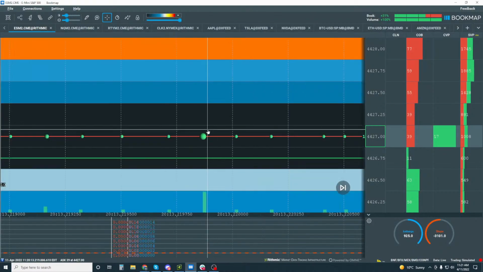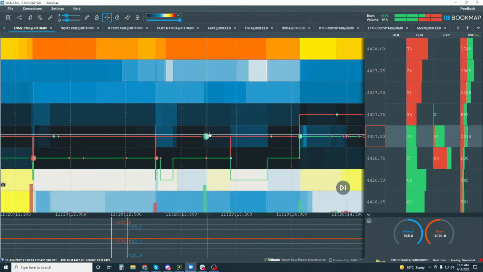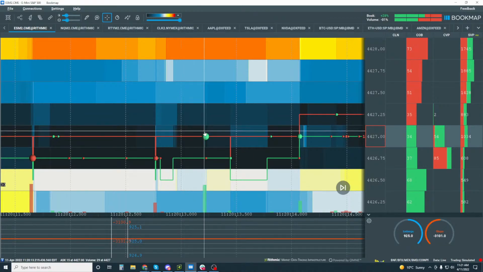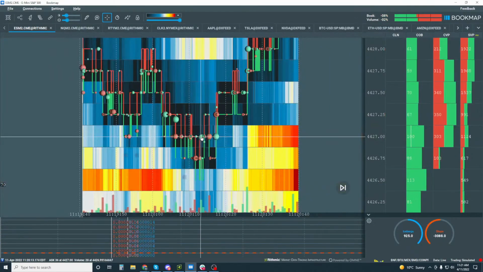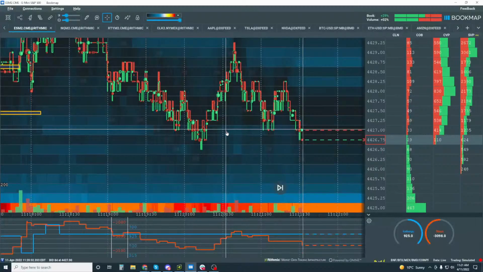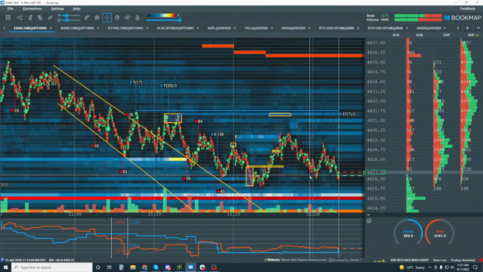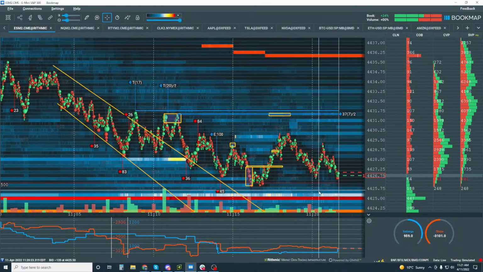All right. So anyway, what's so nice about that is these concepts at these microstructural levels play out again and again on all time frames. So we're just reading the order flow within it, and then applying it from various time frames in here.